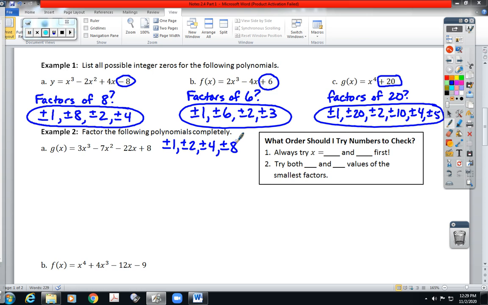And when I say guess and check, I'm referring to synthetic division. Okay? We should always try 1 and -1 first, because those are the smallest ones. And don't forget to try both the positive and the negative values of those smallest factors. Okay? Positive and negative values. So we take that 1, put it in the box.